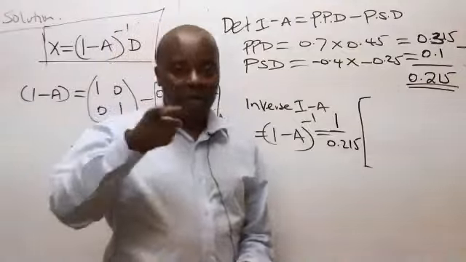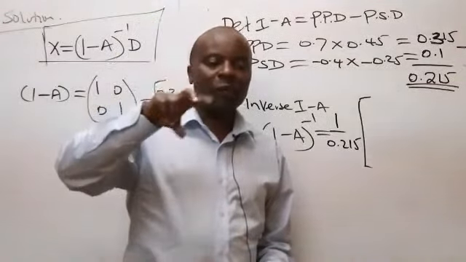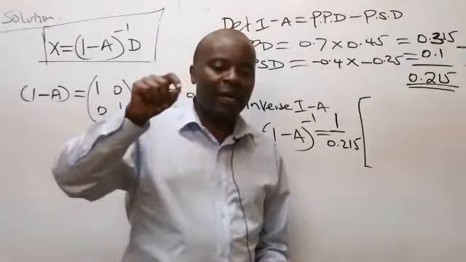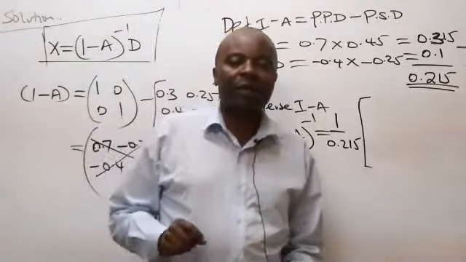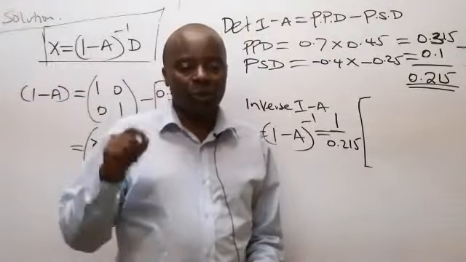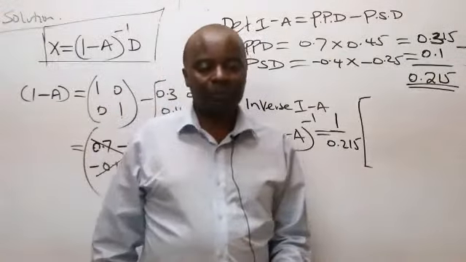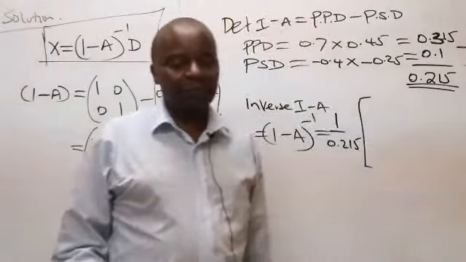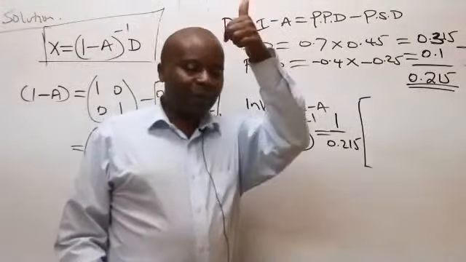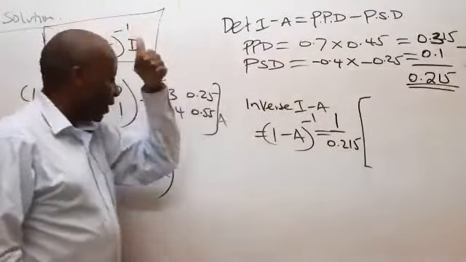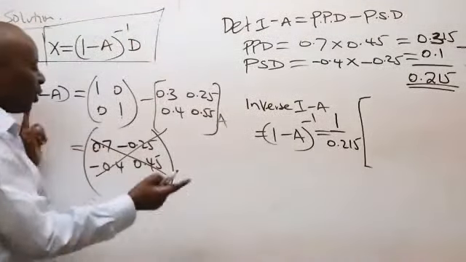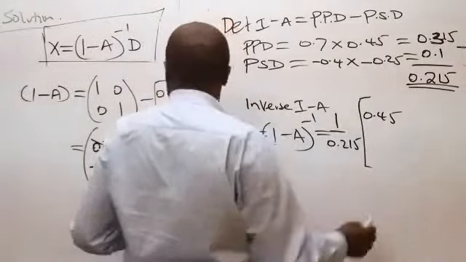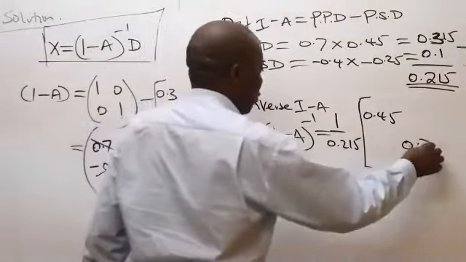While inversing, what is it that we normally do for primary diagonal elements? We swap them. Thanks, Gertrude, who has watched that video. We swap their respective positions, so 0.45 goes up there and 0.7 goes up there.